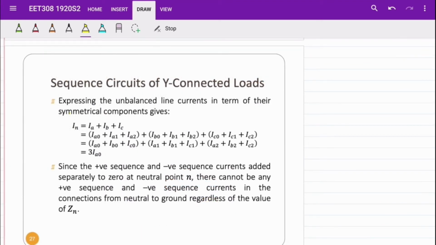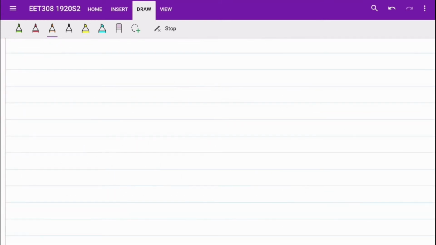From the circuit of the Y-connected load, we can write the unbalanced line current equation in terms of its symmetrical components. Based on the circuit, we know that In equals IA plus IB plus IC.